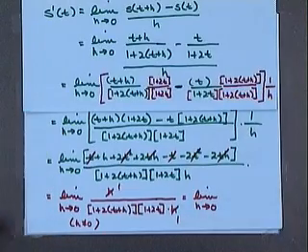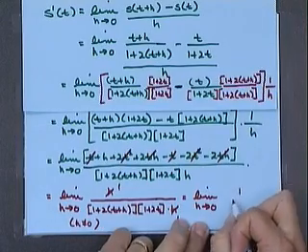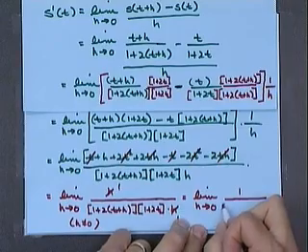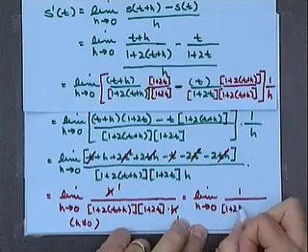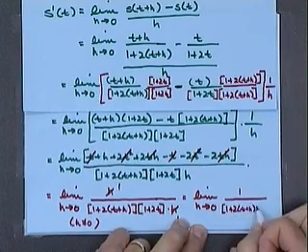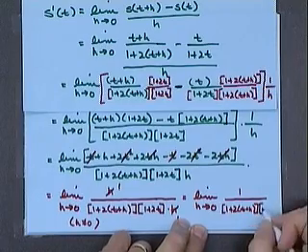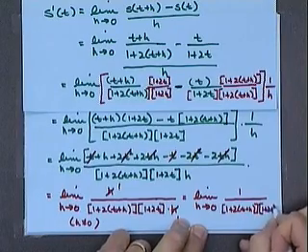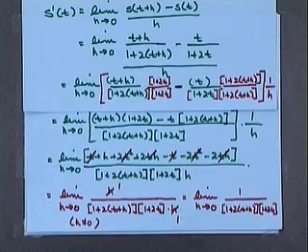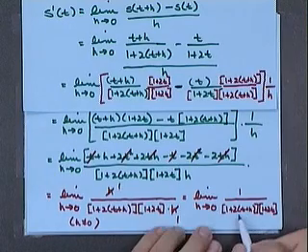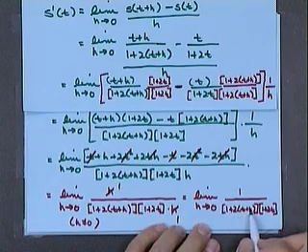Always save the letting h approach 0 piece till the end of the problem. Which I think we're there now. So what happens to that as h approaches 0? 2 times the quantity T plus h.